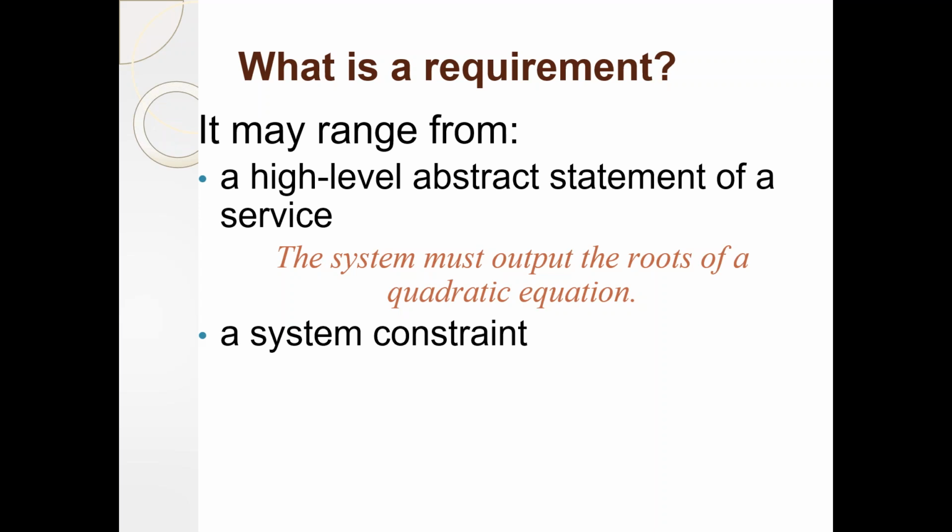Now, a system constraint. In that same quadratic equation, and I think you've all done programming with it, this is one of the decisions that we look at, and that is that A must not be 0. That's a constraint.